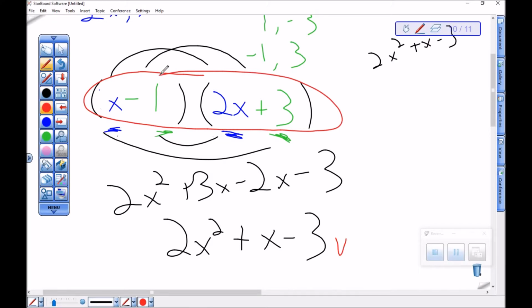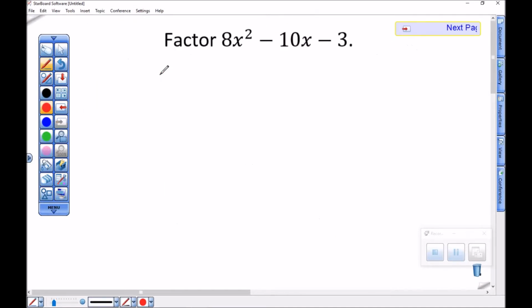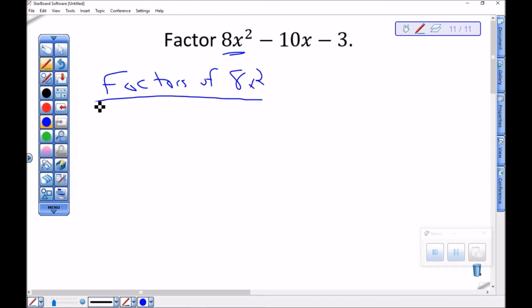So this is really just a guess and check method where I'm listing out factors and then seeing if they work. Let's do one more. Let's factor 8x squared minus 10x minus 3. I'm going to start with factors of 8x squared. I could have x times 8x.